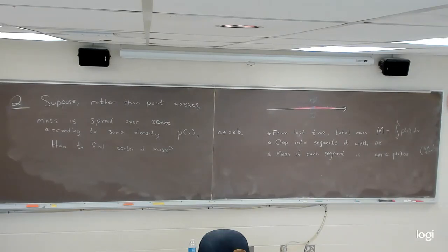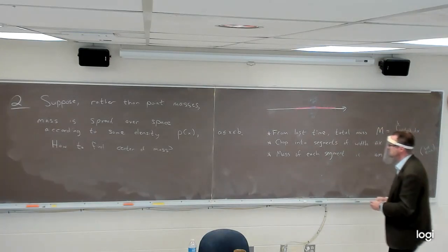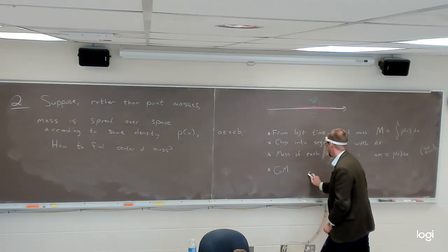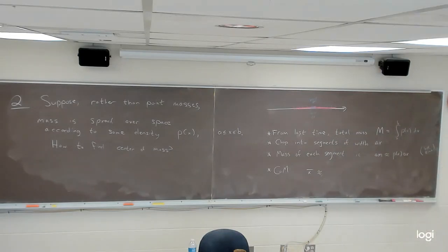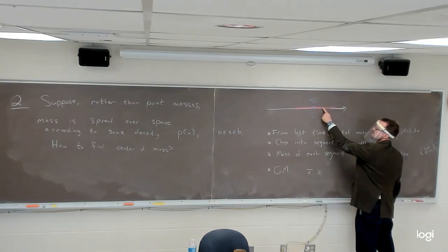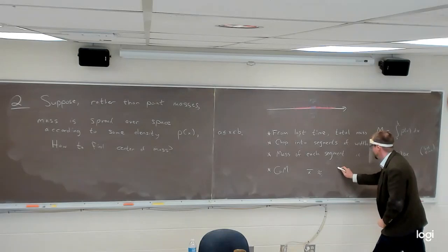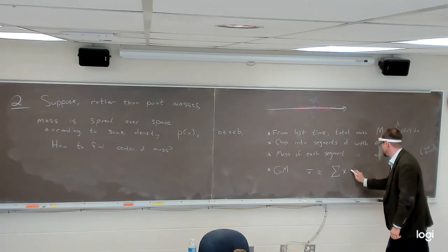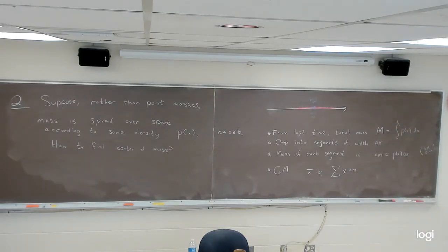I'm not going to add them up yet. The center of mass, x bar, is approximately, well, suppose I had a finite number of masses. I'm going to approximate my situation by saying I have point mass, point mass, point mass, and I'm taking their center of mass. I'm going to add up my x coordinates times my little bits of mass: x1 m1, x2 m2, x3 m3.